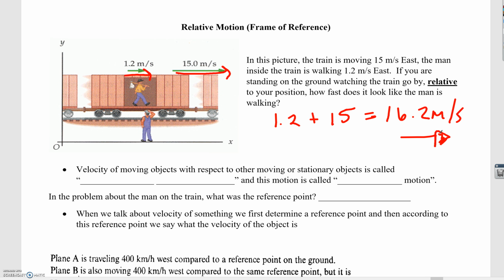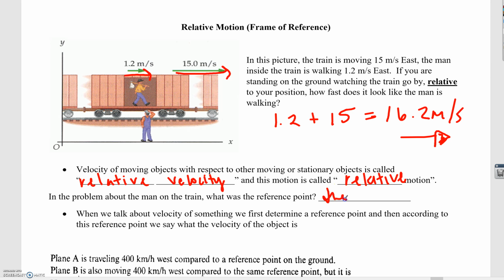The velocity of moving objects with respect to other moving or stationary objects is called relative velocity. And this motion, we call relative motion. So we're going to say it's relative to certain positions or certain places. In this problem about the man on the train, what was the reference point?